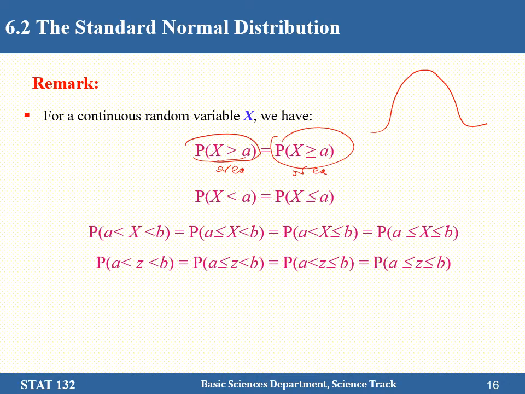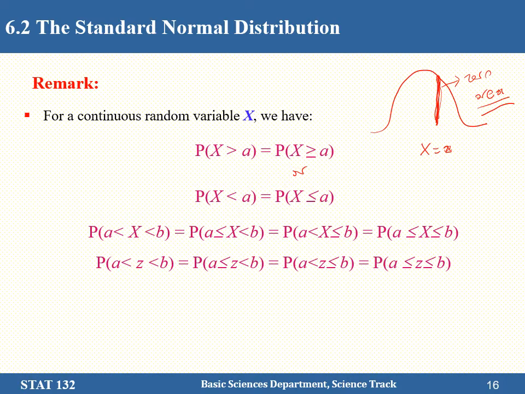Here, being equal to does not change the area, because x equal to a makes a line, and the line has zero area. If it is zero area, then including it or not will not change the probability.